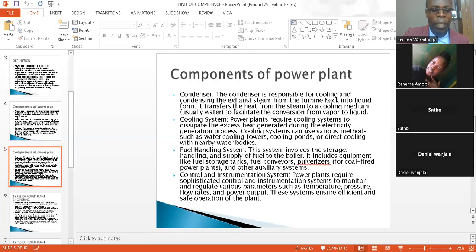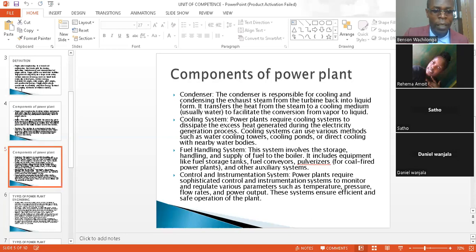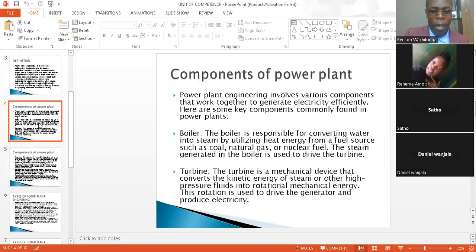Then we can see the components of a power plant. We have the boiler as the main one, which is responsible for converting water into steam. Then we have the turbine.